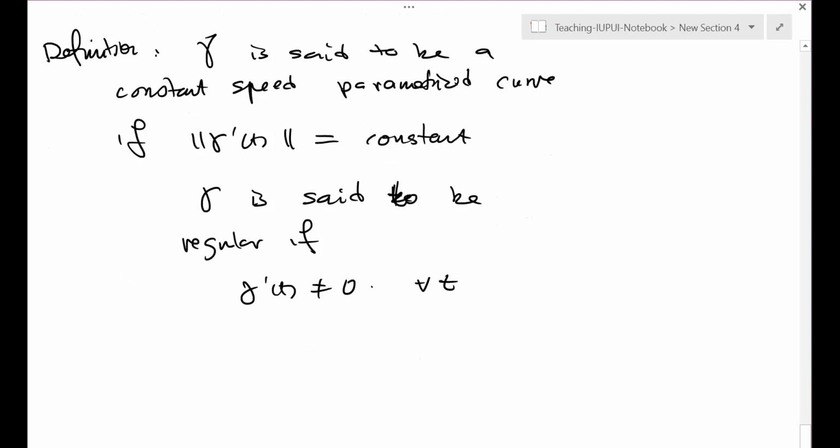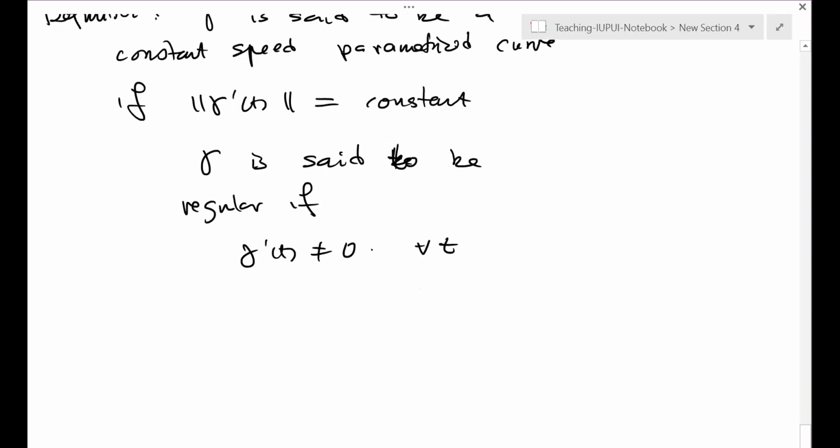I already said that some curve you can have 2 parametrizations. So here they are related, right?